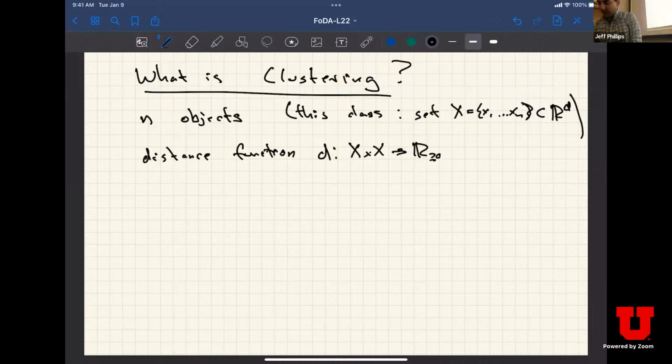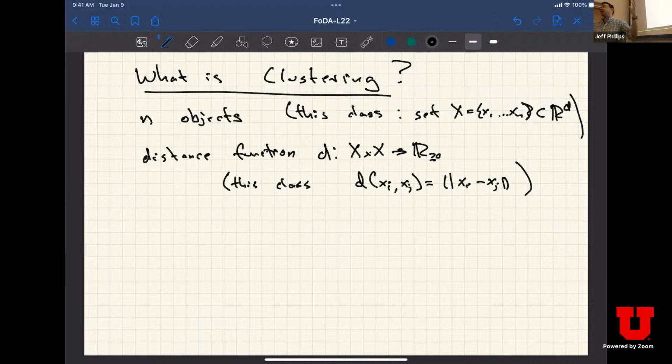It takes in two values and says how far apart they are. In this class, d of xi, xj is just going to be the Euclidean distance, the norm of xi minus xj. So our typical straight line distance between vectors is what we're going to use.